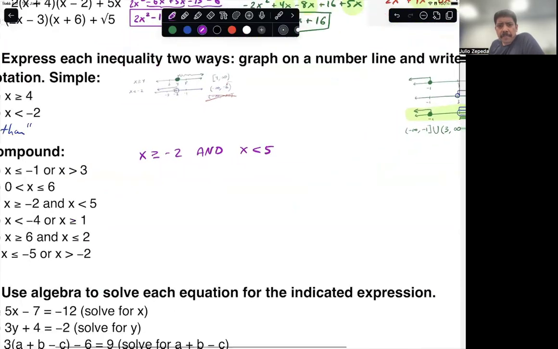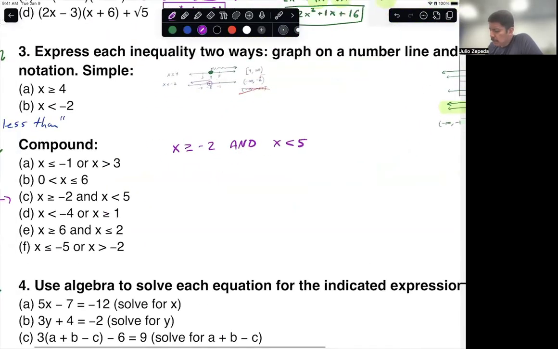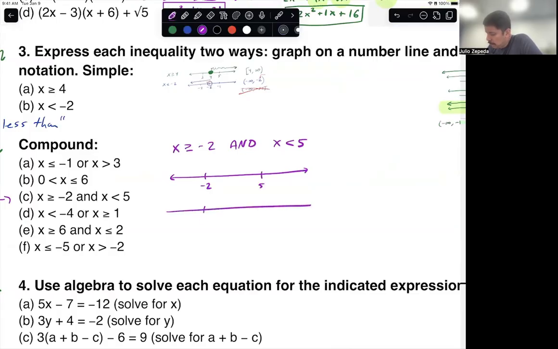Okay, so let's go ahead and again take a look at it in a couple steps here. -2 and 5. Okay.